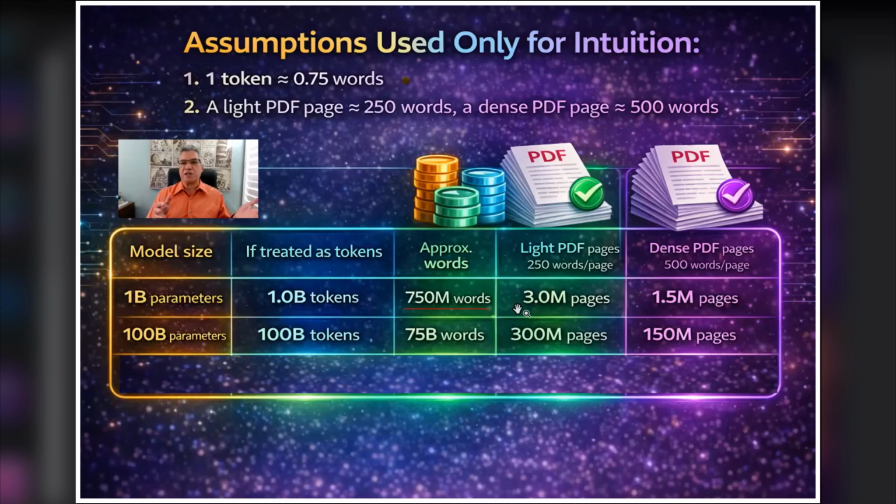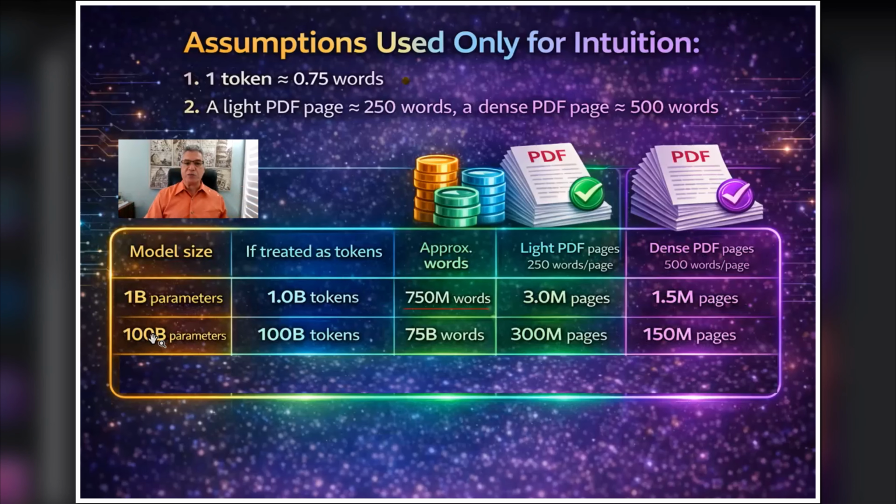If you put these words in a PDF file, it'll give you about 3 million pages of PDF if the file is not so dense. But if the file is dense, it'll give you half of that. And this is for the 1 billion.